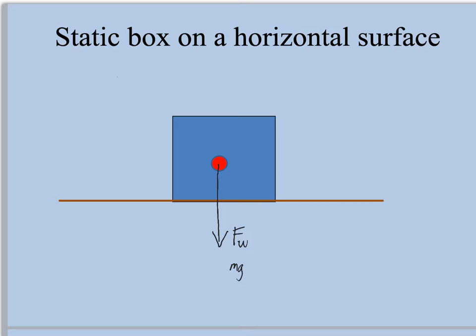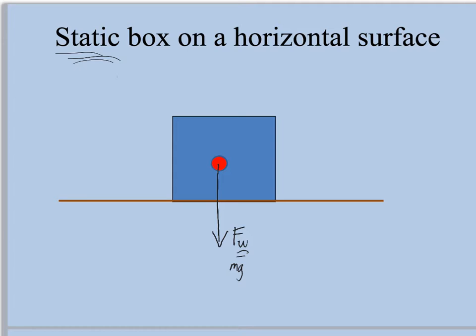And after that, we have to think about, well, what other forces are acting on this box? The other force that comes to mind is this: the box is static. The box isn't moving. So if there's a weight force being pulled down, and we know this box is at equilibrium, and I know it's at equilibrium because it's not accelerating, we know there has to be a force pointing in the opposite direction.